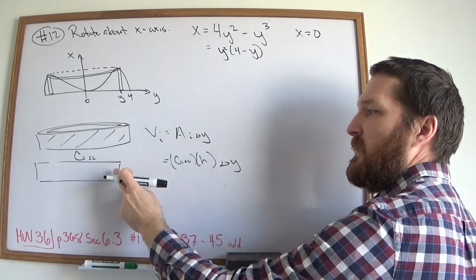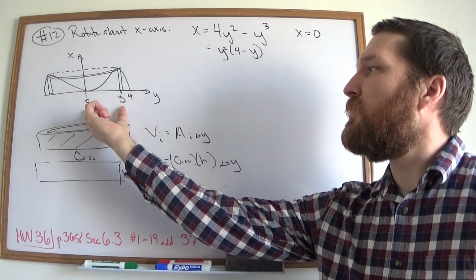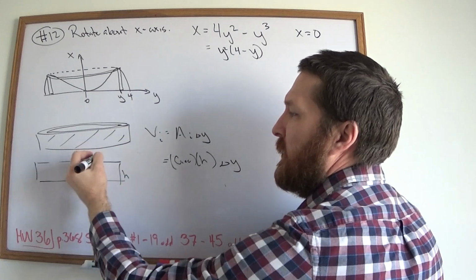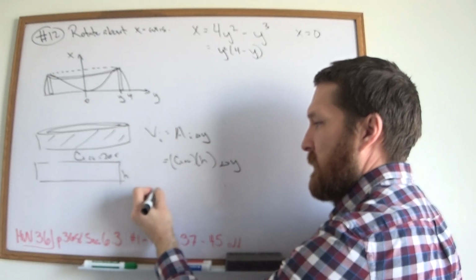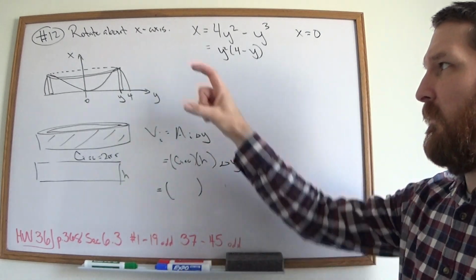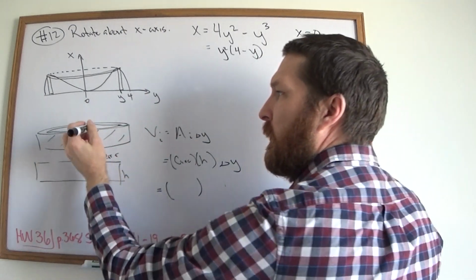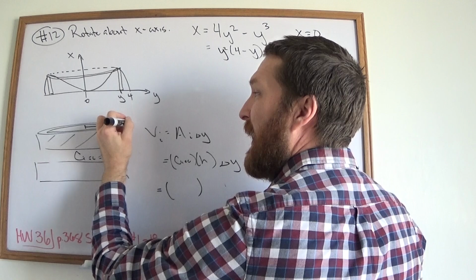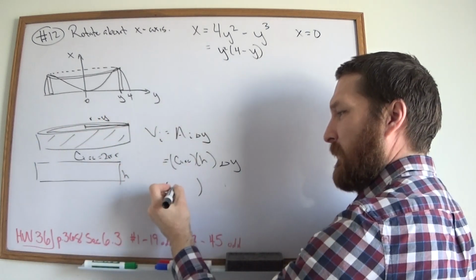So the circumference is what? 2 pi r. And what is r in this case? Just y, careful with that.